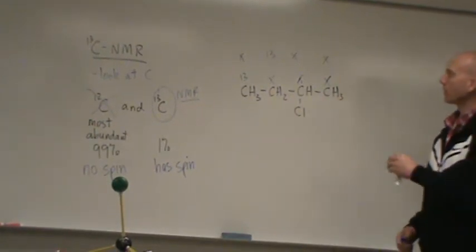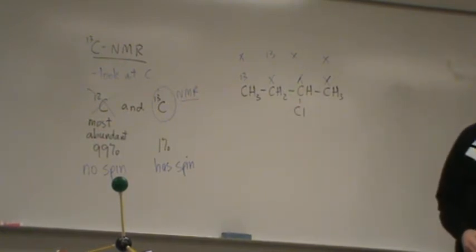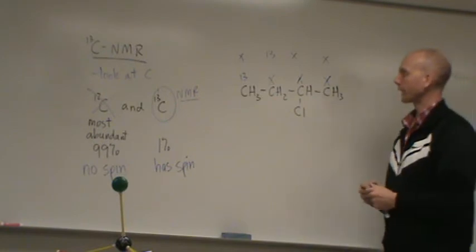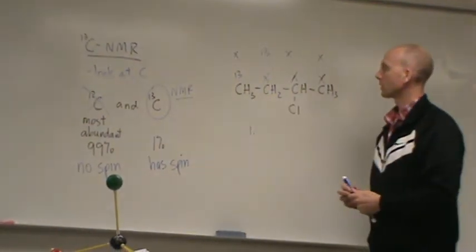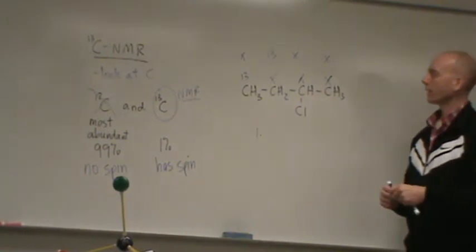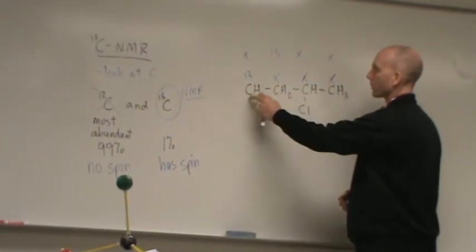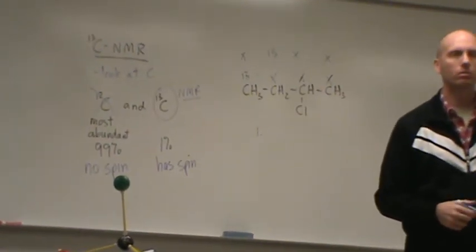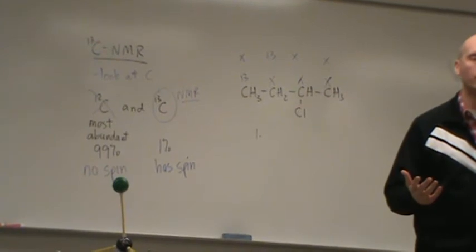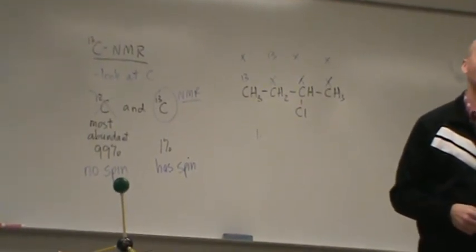So we get two facts from this little study here. One fact is, if I did C13 NMR, what would I predict my signal to look like? A doublet? Triplet?